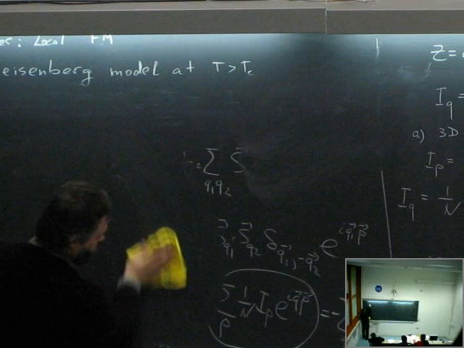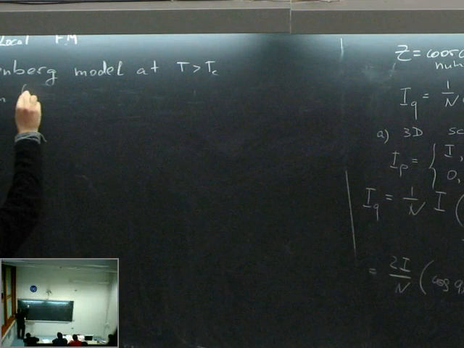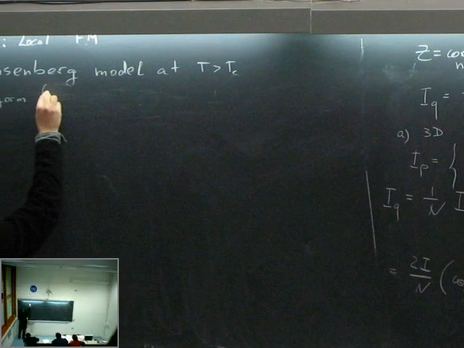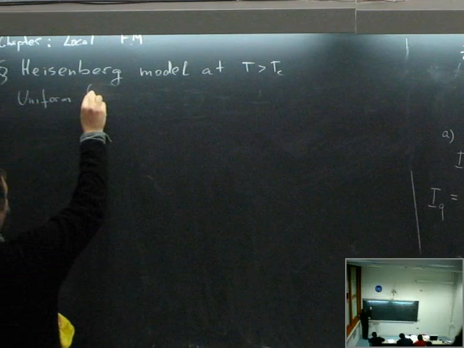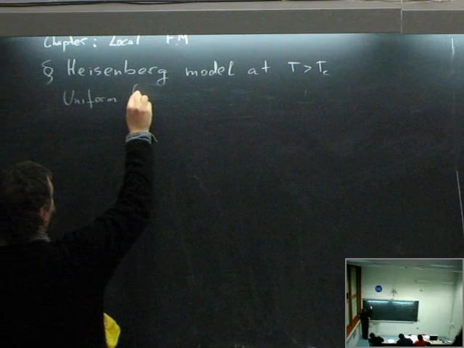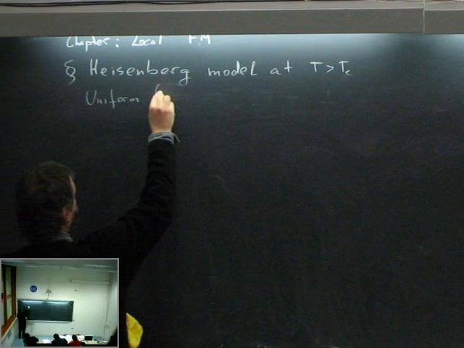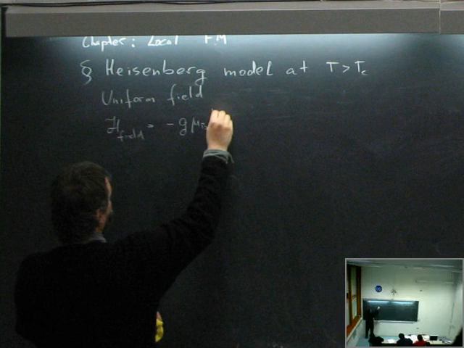So, uniform magnetic field. As we saw, the Hamiltonian of the field is equal to minus g mu_B H sum over n S_n^z.